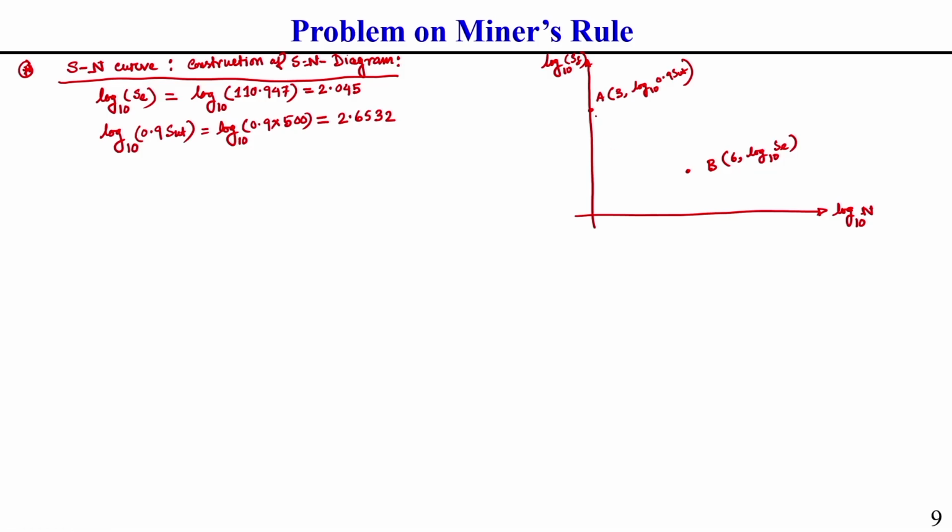After that, we draw the AB line as a straight line joining these points. In this diagram, this is our 3 in log 10, this is our 6, this is our A point, and this is our B point.